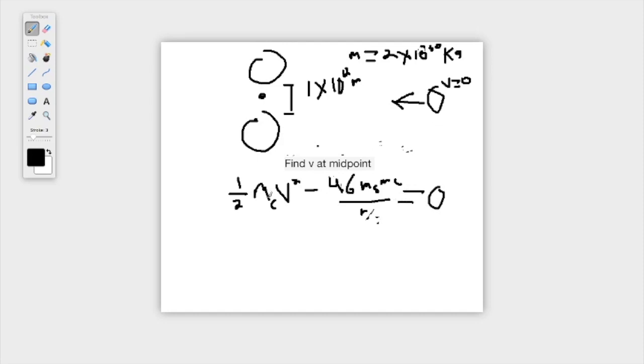So you can divide Mc on both sides, assuming Mc is not 0, which in this case it isn't. We can have 1 half v squared minus 4G Ms over r equal 0.